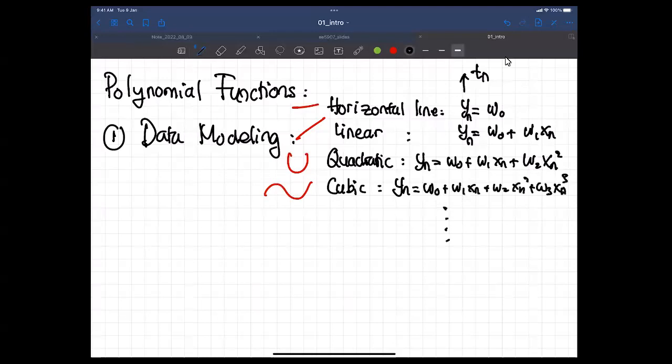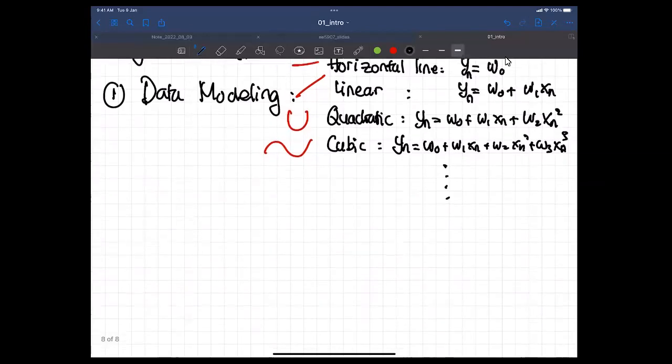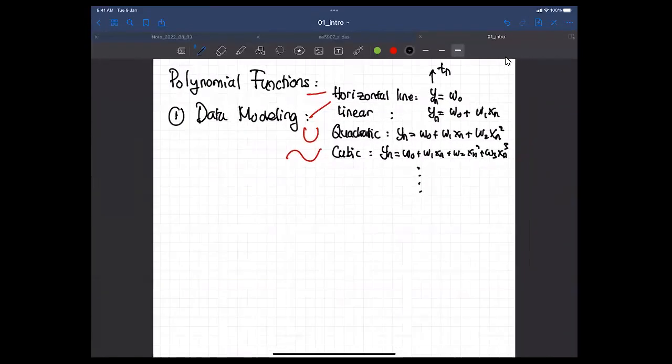And this is something that we do not know, whether this has to be a horizontal line, whether this has to be linear, or whether this has to be quadratic or cubic. We do not know because we cannot see the data. We do not know the underlying curve of the data. So that's why we model it in a more general way. How we can model it in a general way is: yn equals the sum, because if you continue it will be the sum, right?